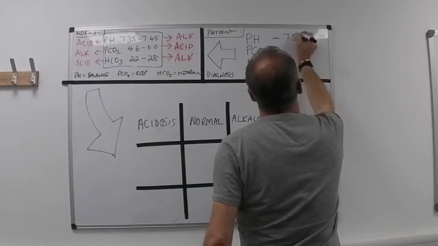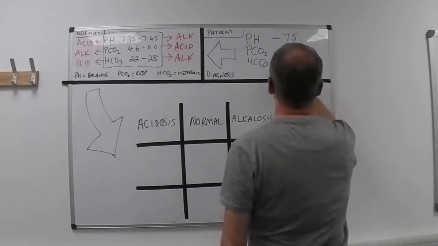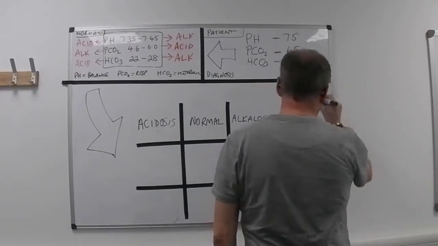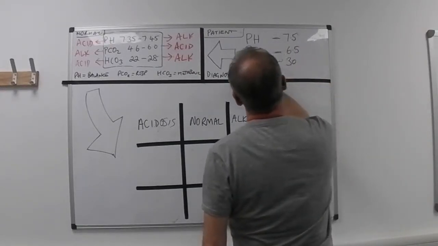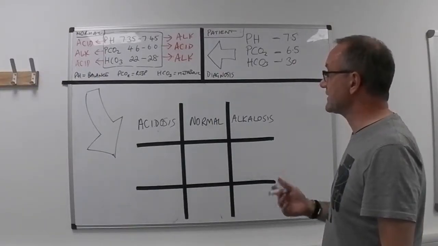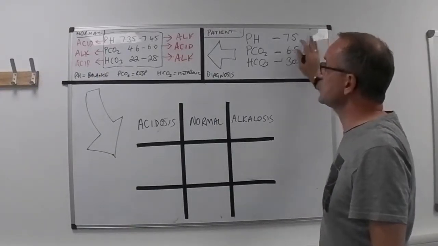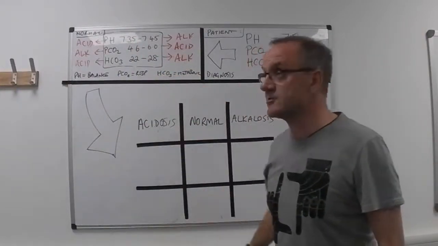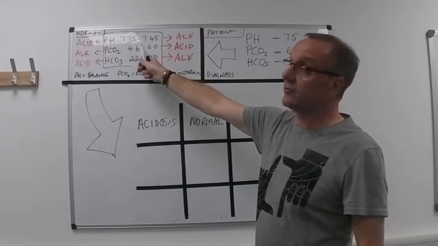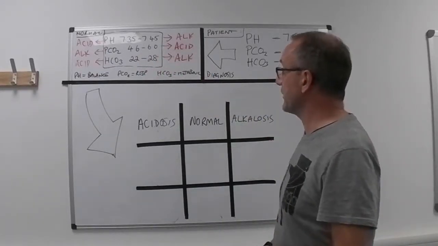So this patient comes in with a pH of 7.5. He's got a PCO2 of 6.5, and he's got a bicarbonate of 30. So again, exactly the same process. Patient compared to normal into our grid. 7.5 is above the 7.45, which makes this an alkalosis.